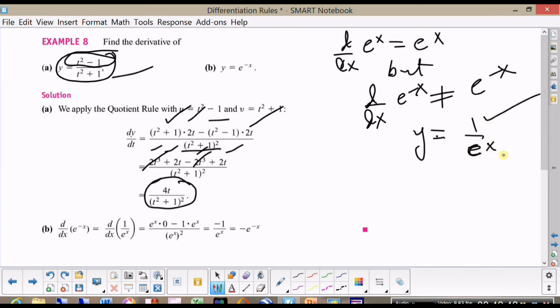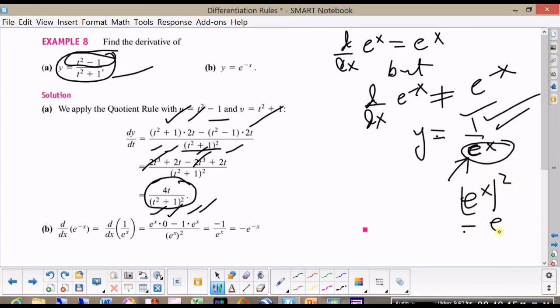So we can use the quotient rule to take the bottom times the derivative of the top, which is 0, the derivative of the constant is 0, minus the top times the derivative of the denominator, which is e to the x, divided by the denominator squared, which is e to the x quantity squared, which is e to the 2x.